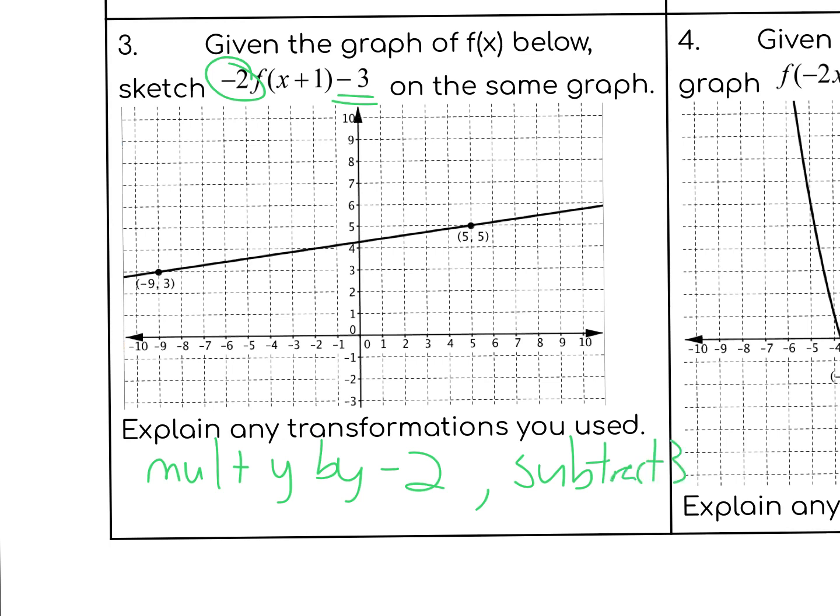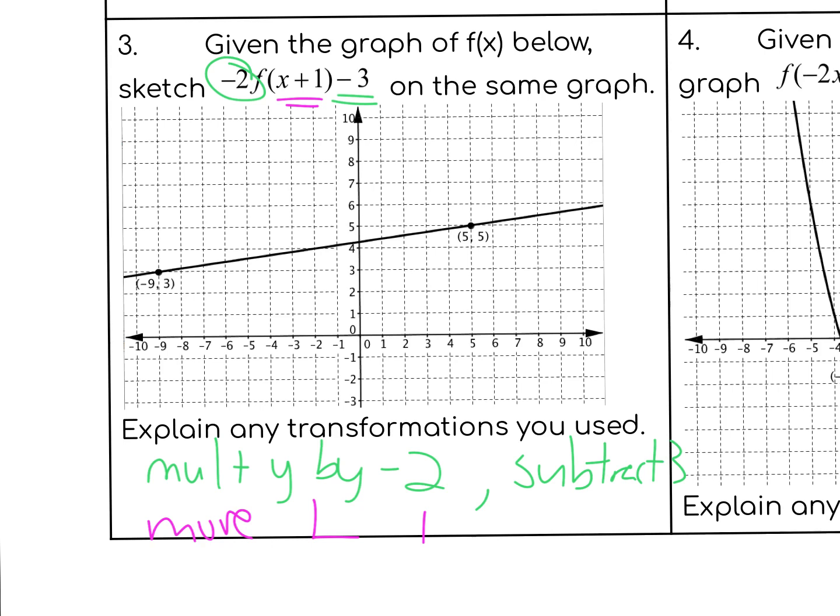And then this piece says move left 1. So if I take the 5, 5, multiply by -2, that's -10. And then if I go down 3, that's -13. So that's not terribly helpful.